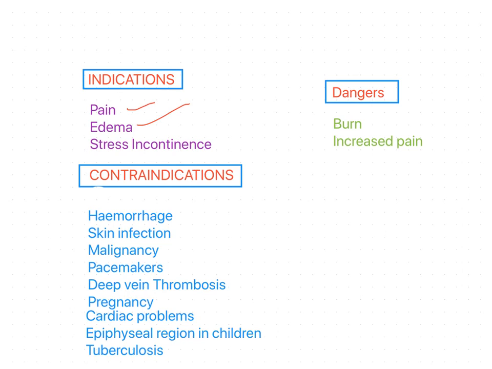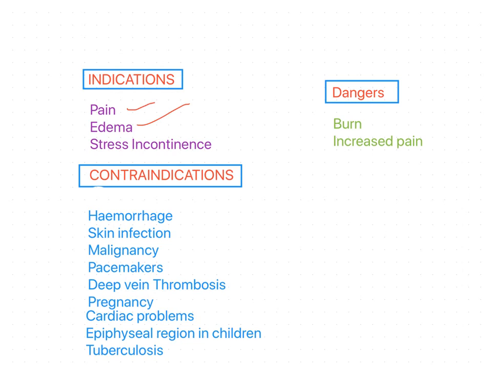And when there is stress incontinence, so normally the person is unable to hold urine because of the weakness of the muscles, which leads to stress incontinence. So the stress incontinence can be treated with the help of IFT by stimulating the pelvic floor muscles.